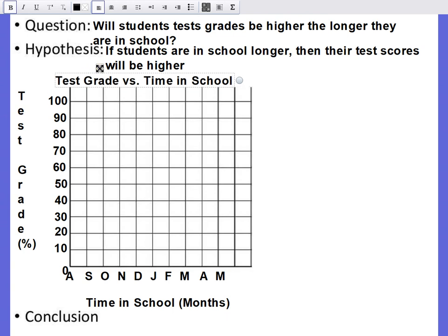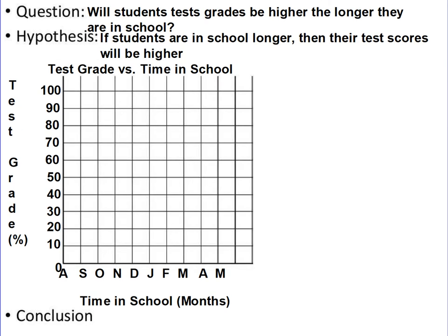Then I'm going to graph my data. So I'm using the information from the page before this. In August, it looks like the average test percent was a 60%. So we're going to find August, go up, here's 60. September was 65, then 68, then 70, then 73, 80, back down to 70, then 55, 60, and 82.